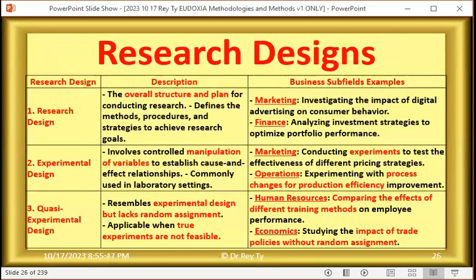And for example, when you do experimental design, you will manipulate the independent variable, the dependent variable, or the cause and the effect. And in marketing, you can do experiments, for example, to check if the pricing strategy works or not.